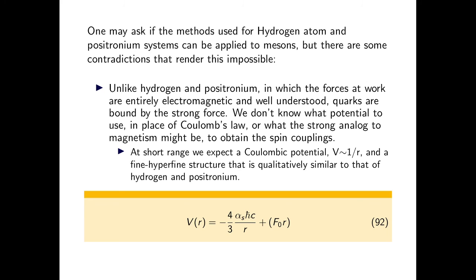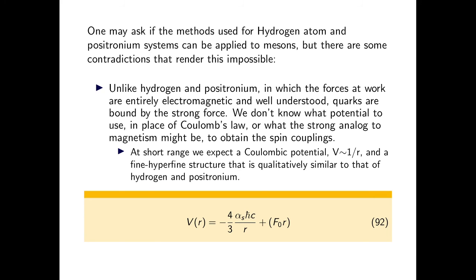So based on these, we can make some assumptions that quantum chromodynamics also works in a similar way, and we can reach the point where at short range we can expect a Coulombic potential, where V is proportional to 1 by r, and the fine hyperfine structure would be similar to that of hydrogen and positronium. And if we have large distances for quark confinement, it's kind of known that quarks would interact even at large distances.